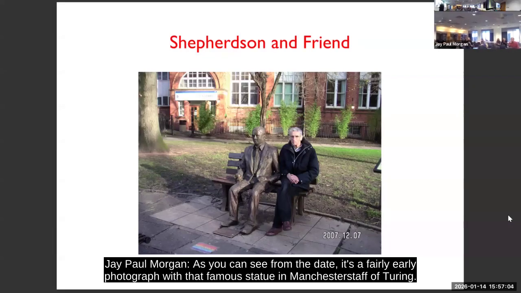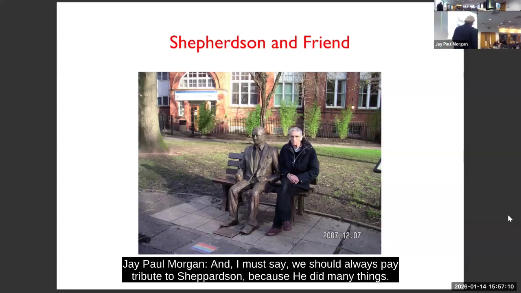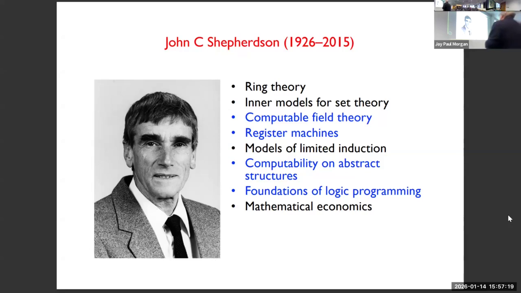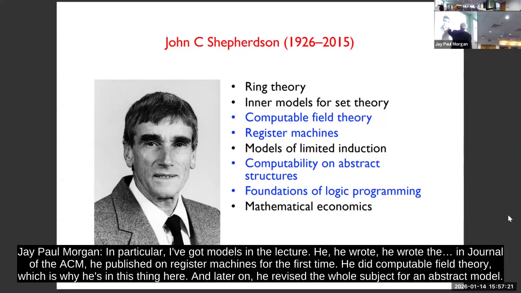And here's dear old John Shepherdson. As you can see from the date, it's a fairly early photograph with that famous statue in Manchester of Turing. I must say, we should always pay tribute to Shepherdson because he did many things. In the Journal of the ACM, he published on register machines for the first time.